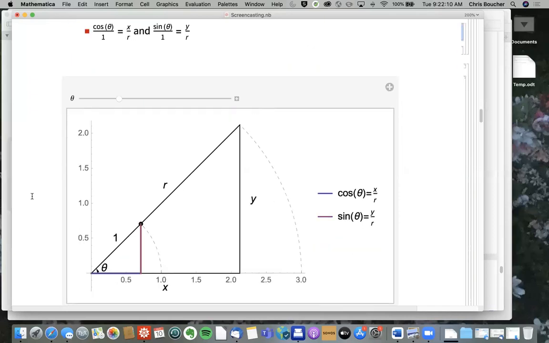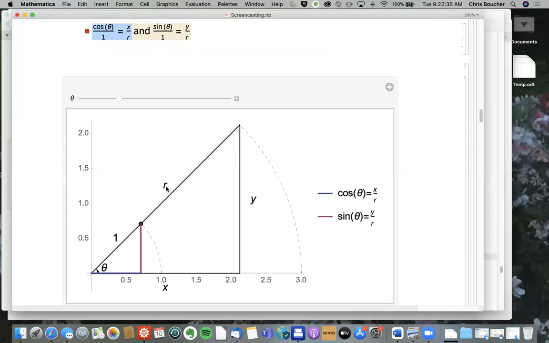In particular, if I do horizontal side divided by hypotenuse for each triangle, in the little triangle, the horizontal side, the blue segment, is the cosine, and the hypotenuse is 1, the radius of the unit circle. In the big triangle, the horizontal side is the x coordinate of the point, and the hypotenuse is r. And so I get this equation, cosine theta equals x over r.